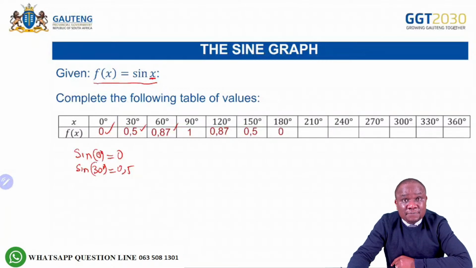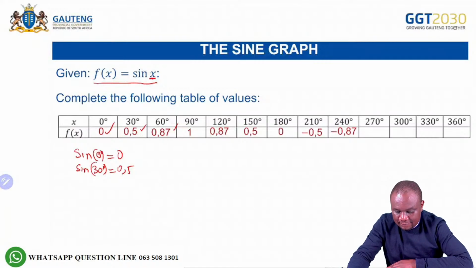Sine 210, negative 0,5. Then sine 240, negative 0.87. Please correct that. Then sine 270, negative 1.